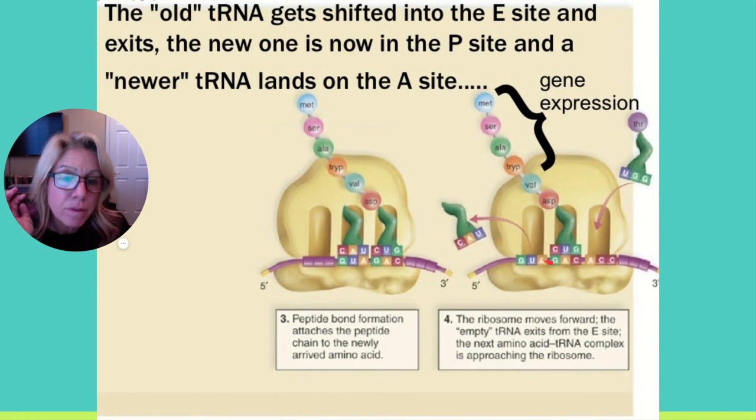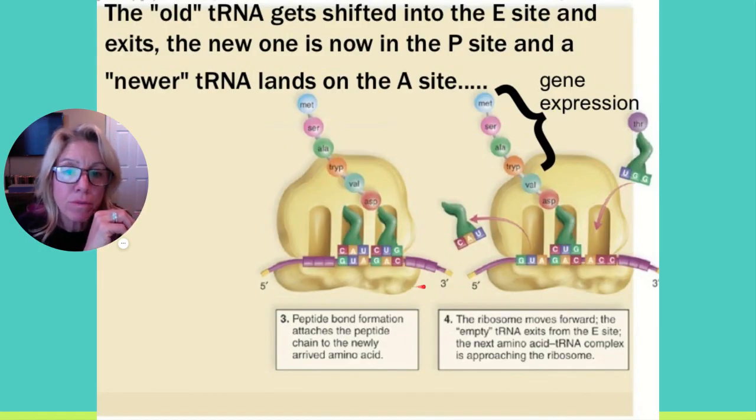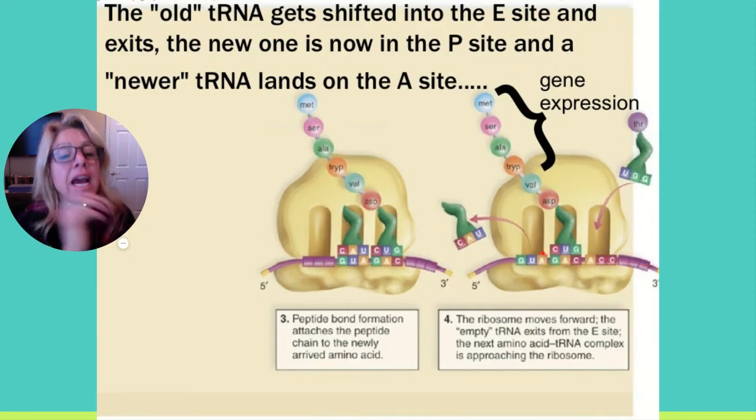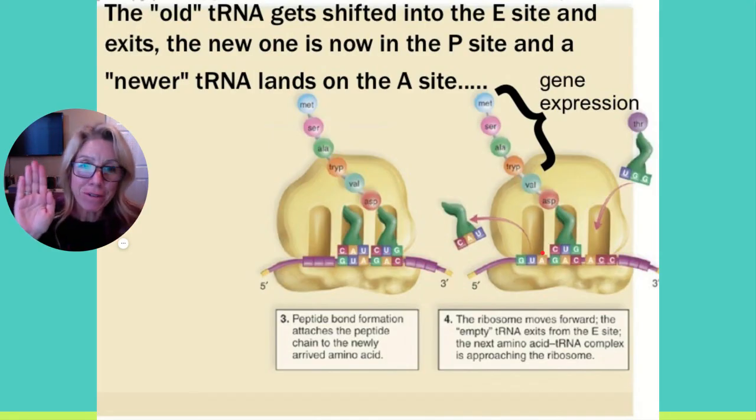CAU, he's moved into the exit site. Now he's leaving. And this guy right here, with the tRNA CUG, notice how he has been shifted because the ribosome moved. So now he is in the P site. And now it makes room for the next codon, anticodon. This guy's going to land. And this is going to continue on and on until you reach a stop codon, right?